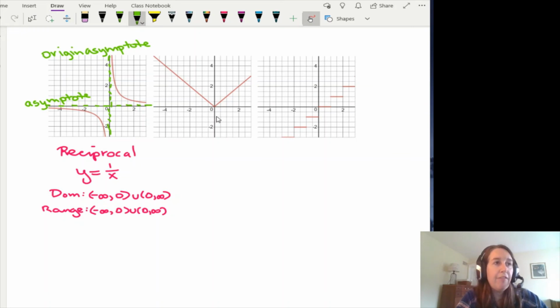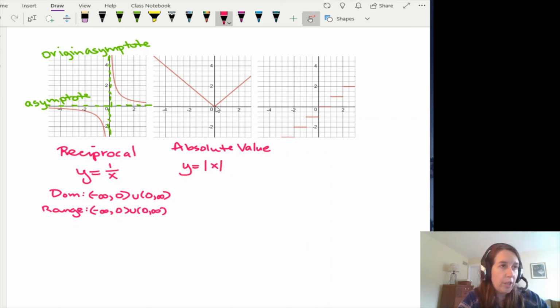Okay, and then finally, two more. We have this V graph. It's a hard V. This is called the absolute value function. And the equation is y equals the absolute value of x. Okay, that's the one that's used pretty commonly.